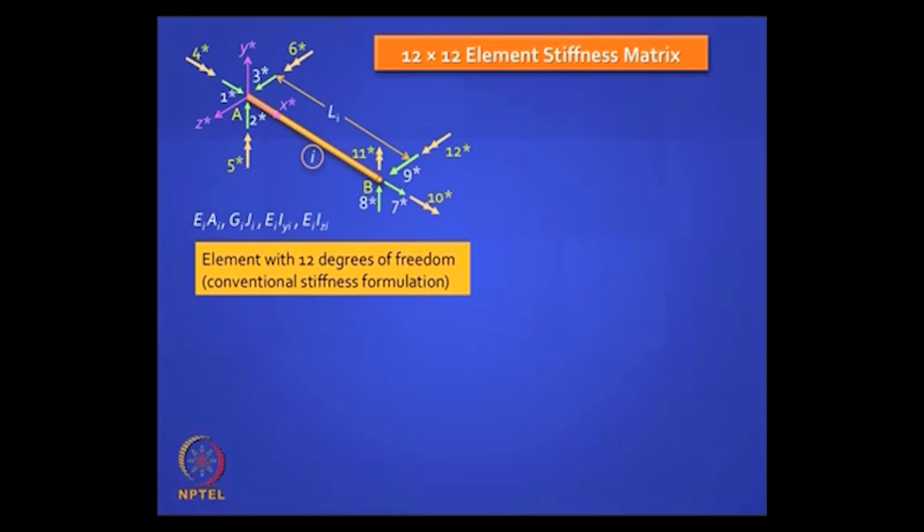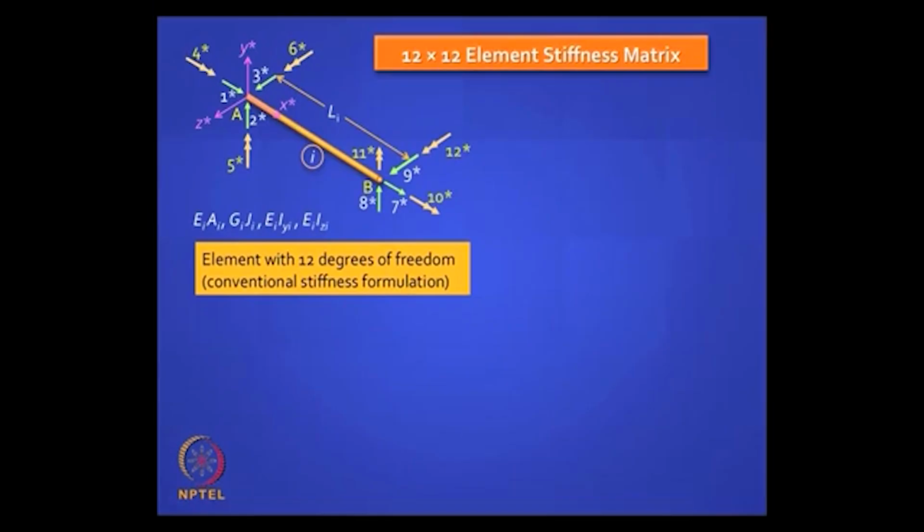Then which corresponds to your beam, the conventional beam, can you identify? 2 star is your conventional shear force, so you are familiar with that. 2 star is a shear force, and 6 star is a moment vector, perfect, because that contributes to bending about the vertical plane. The vertical plane is the x star y star plane.